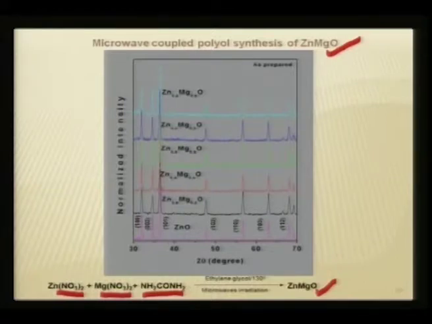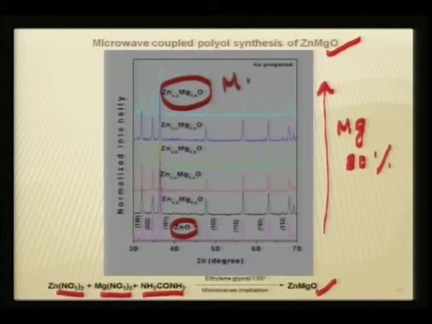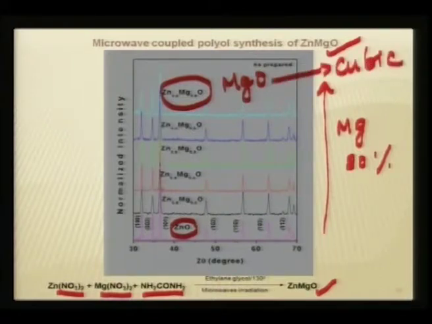Now, what is heartening here is you look at the zinc oxide parent compound, and then you try to substitute zinc oxide up to magnesium doping of 80%. Up to 80% of magnesium doping, you would see that zinc oxide is clearly showing the hexagonal pattern. What is important for us to note here, for this concentration there is no signature of any MgO, and MgO, which is also cubic, should actually have come out of this phase.